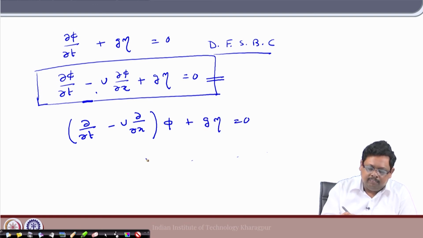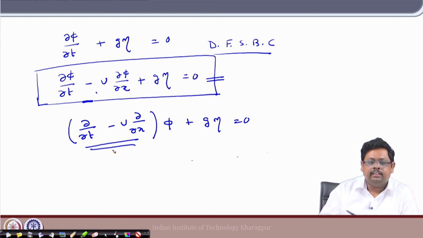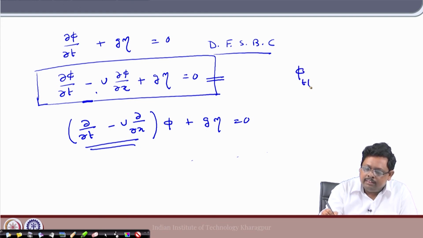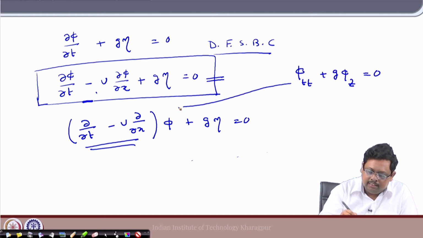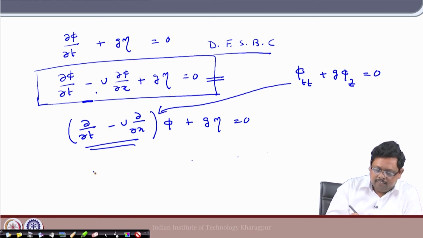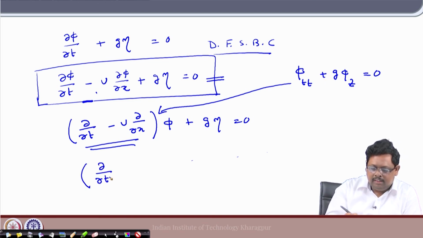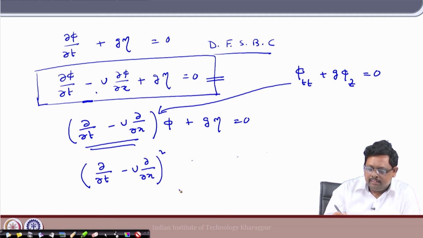So, the important part is I can write this one this way. Now, if you know that the combined free surface boundary condition is phi t t plus g into phi z equal to 0, this actually I need to replace by this. So, the combined free surface condition with respect to the moving coordinate system is as follows.